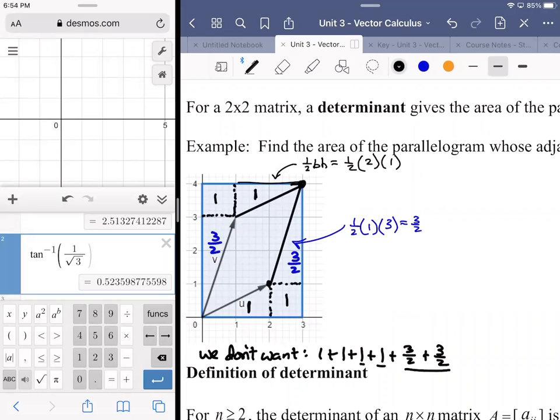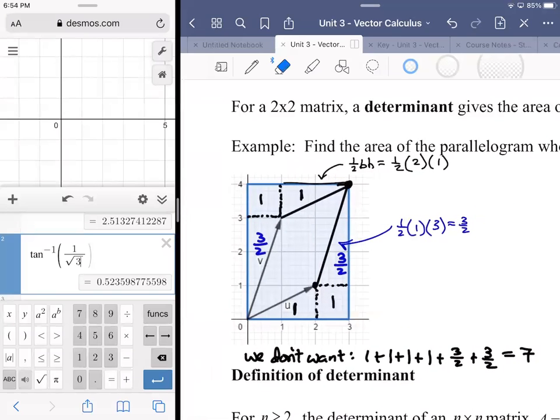So 3, 4, 5, 6, 7. We don't want 7 square units of area out of the total area of the rectangle, dimensions 3 by 4. What would be left over would be 5 square units. So 12 minus that 7 would give you a result of 5.